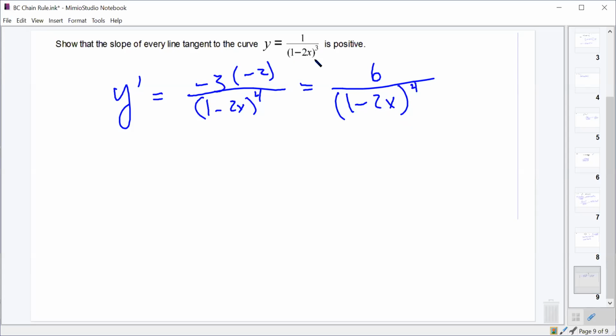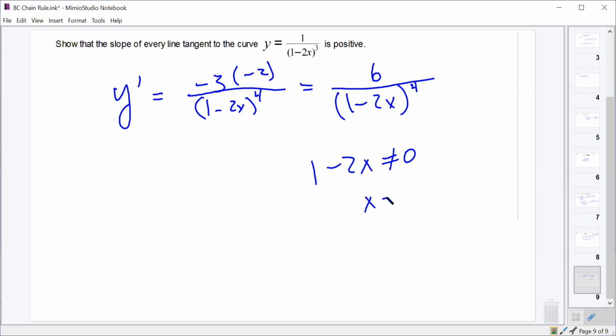Can you just verbally explain the why it's positive part one more time? Yeah, so I mean, 6 is positive, right? And anything being raised to the 4th power is also positive. So no matter what, this derivative is a positive divided by a positive. And the only case in which this denominator is not positive is when 1 minus 2x equals 0, right?